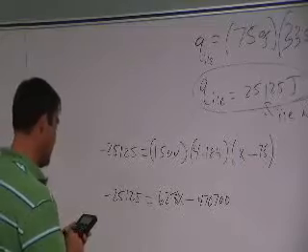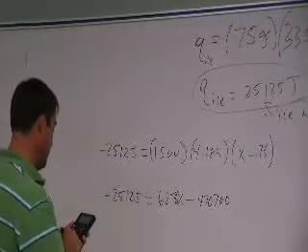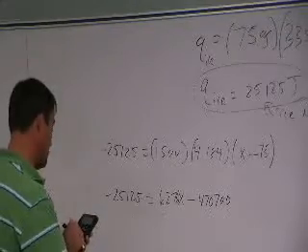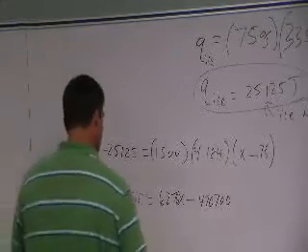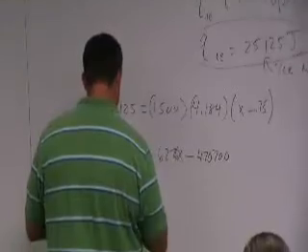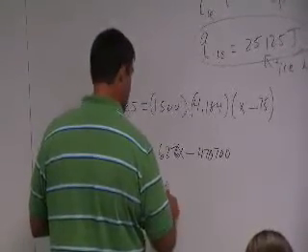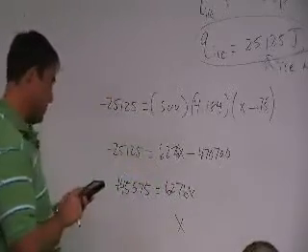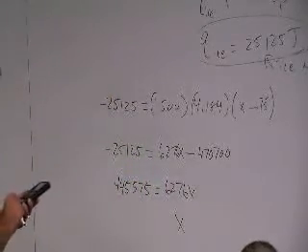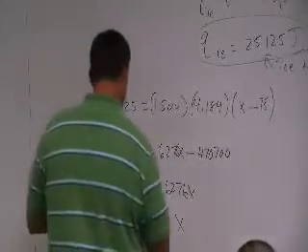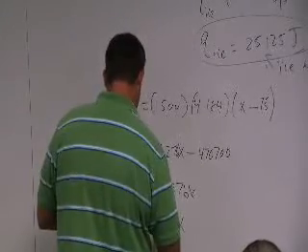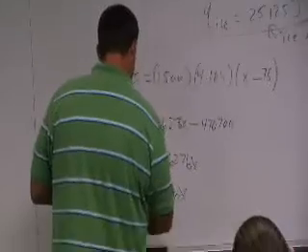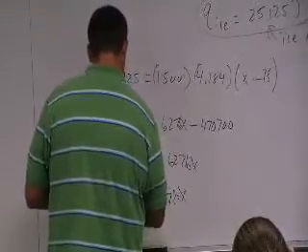Combining like terms, you're going to take negative 25,125 plus 470700. So that's going to be 445575 equals 6276x. So now I'm getting 70.997, or 71 degrees centigrade.